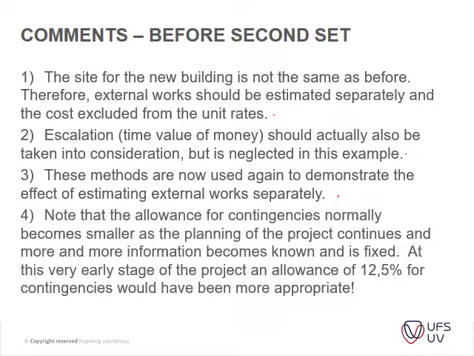Note that the allowances for the contingencies normally become smaller as the planning of the project continues and more information becomes known and is fixed. At this very early stage of the project, an allowance of 12.5% for contingencies would be more appropriate.